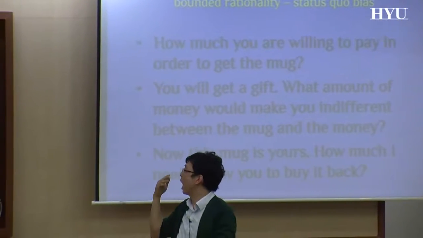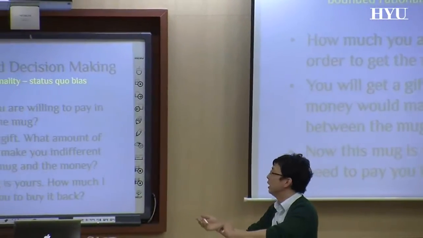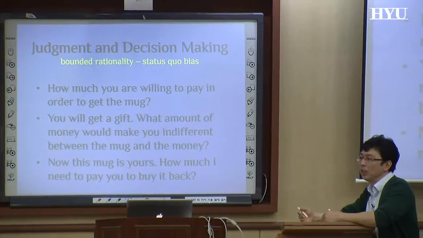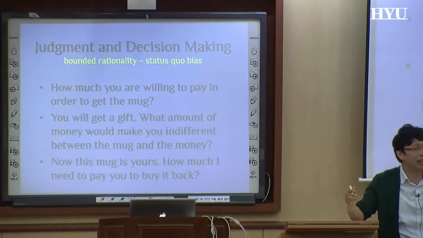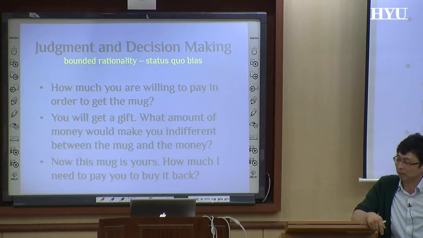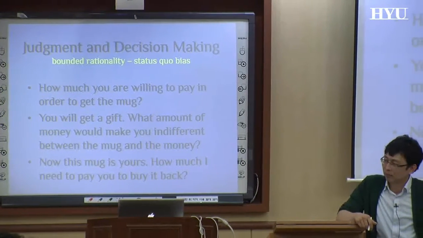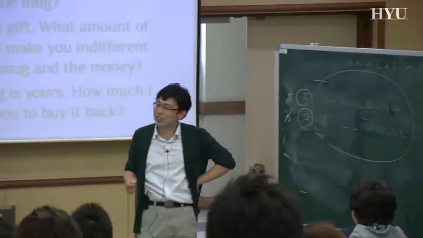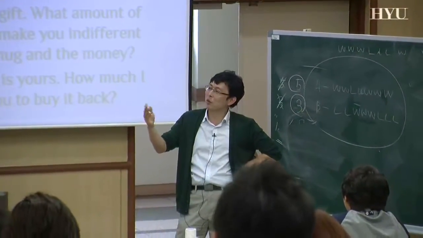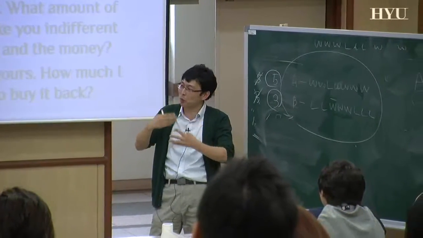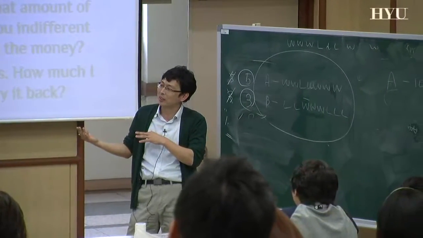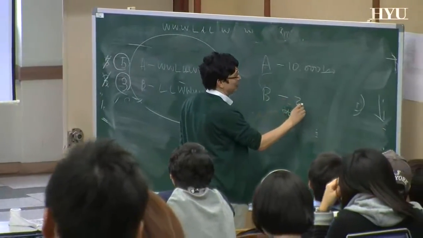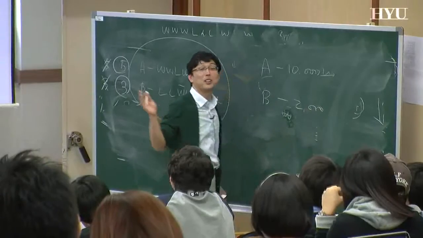So what amount of money makes you indifferent between the mug and the money, which means how much money do you need if you now want to buy that cup at 10,000 won? 2,000. 2,000 won? So you want to swap the 10,000 won cup with 2,000 won? Yes. Okay. Very, very conservative guys.